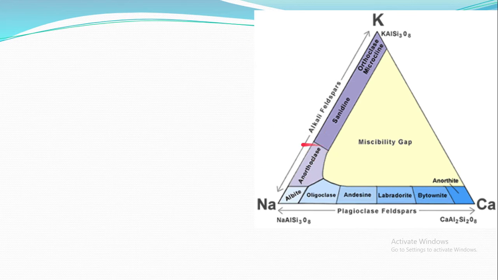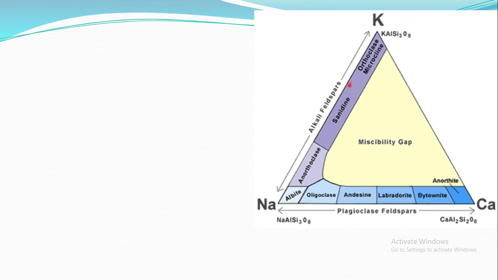More sodium here and less potassium, and here all the minerals are sodium. You don't have any potassium here: albite. Here the mineral is sodium rich. So as you move from here to here on this left side, the mineral will be potassium rich.